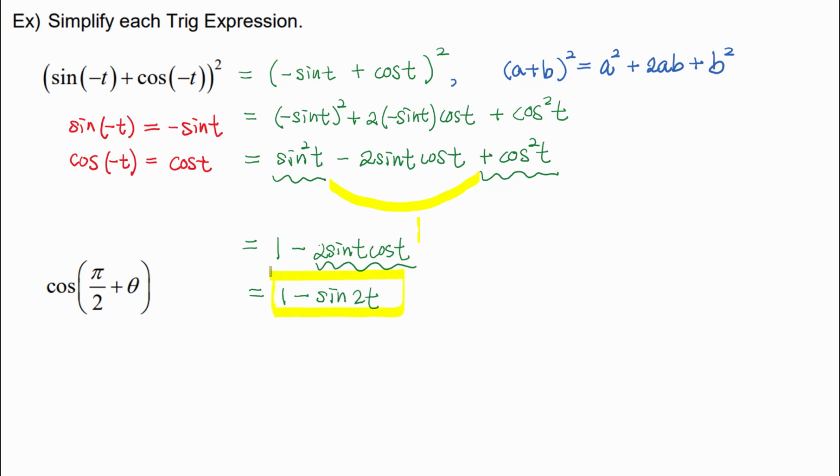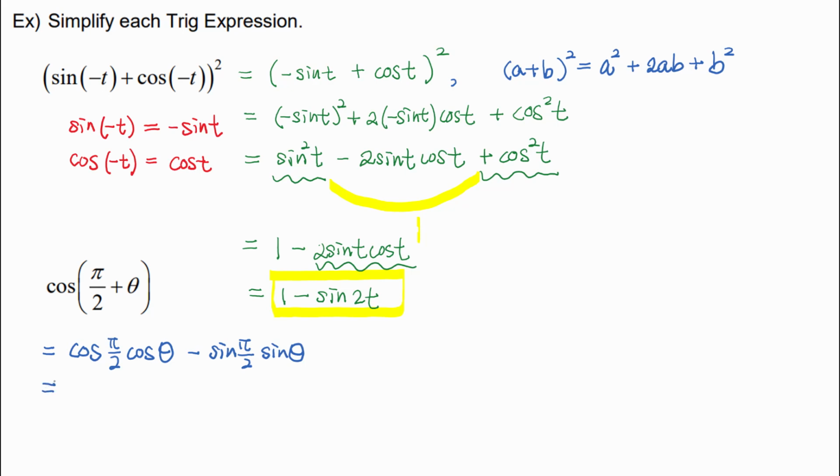All right, next problem. Can you simplify cosine of pi over 2 plus theta? Then now you gotta use the cosine of a plus b formula. Cosine of a plus b was cosine a times cosine b minus sine a times sine b. Very good. So let's do that one now. This is equal to cosine of pi over 2 cosine of theta minus sine of pi over 2 times sine of theta.